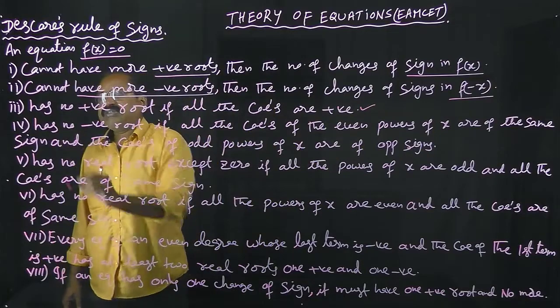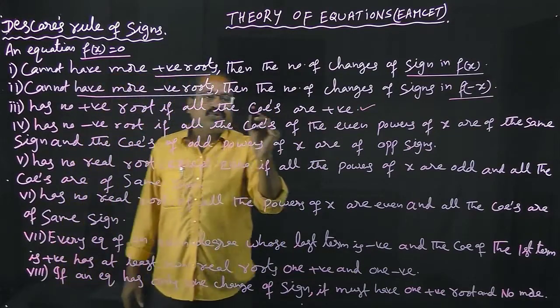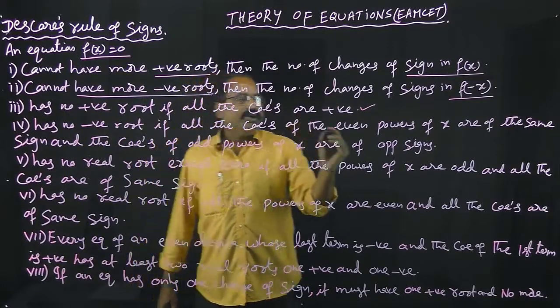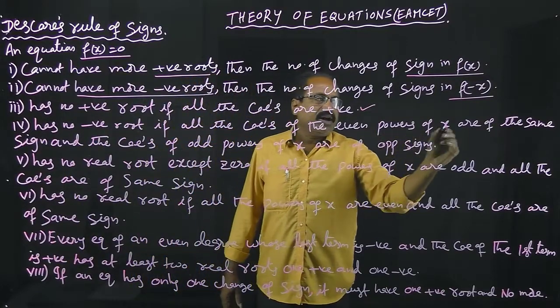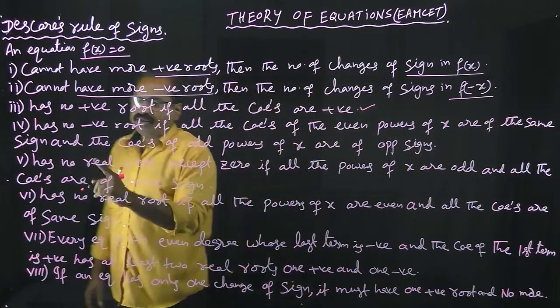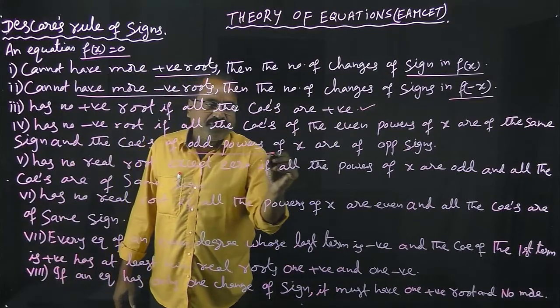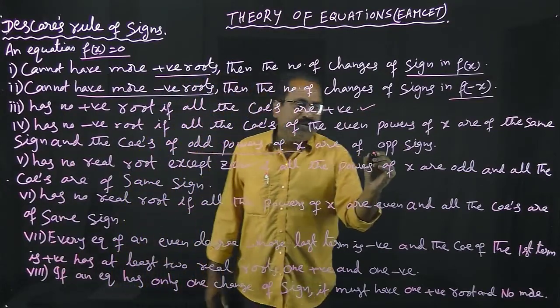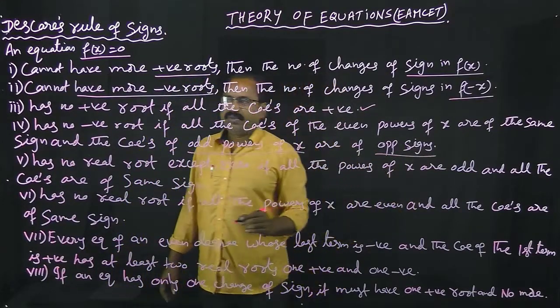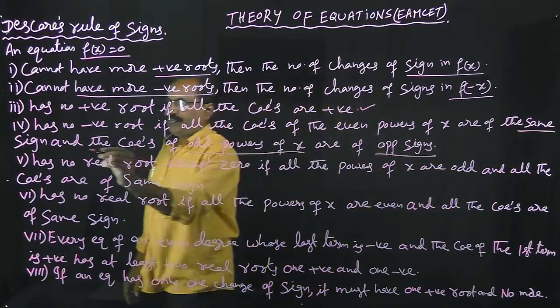Fourth one is, it has no negative root if all the coefficients of the even powers of x are of the same sign and the coefficients of odd powers of x are of opposite signs. So same sign and opposite sign.